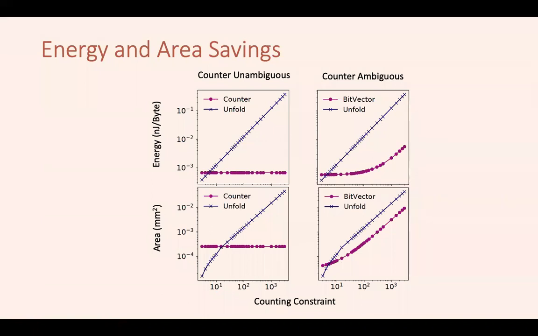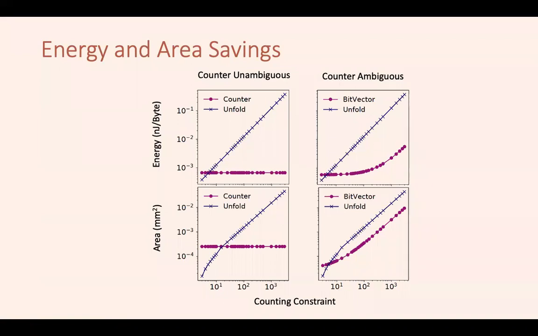For example, the dashed line is the energy or area you would get if you unfold it, and on the left we have unfolding versus using just a hardware counter, and we can do that if the expression is unambiguous, because then the counter can take at most one value at a time, and that was the point of doing this.